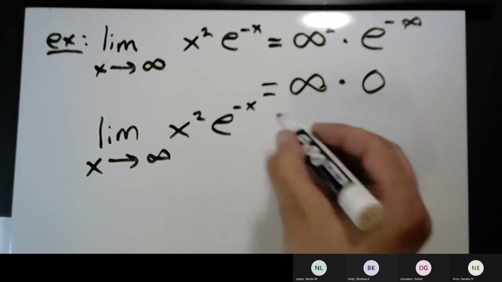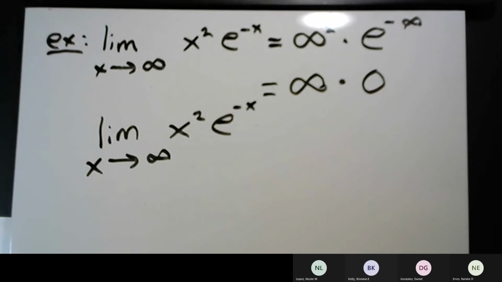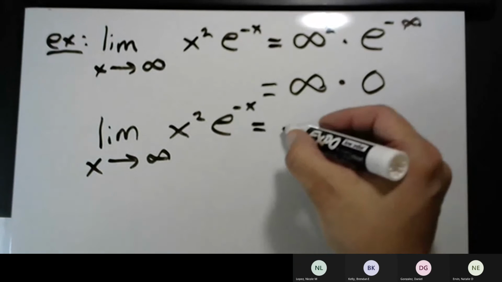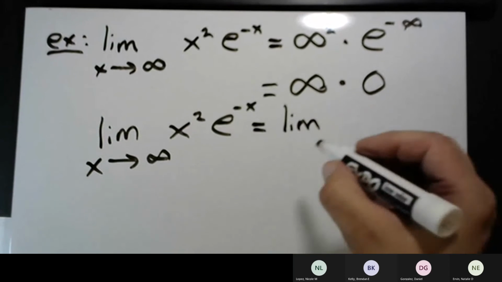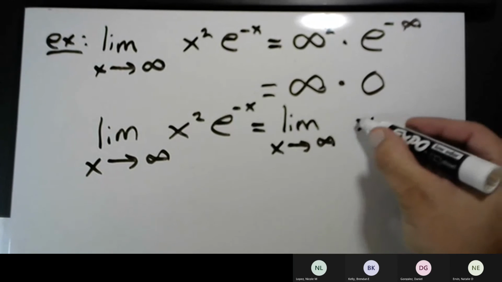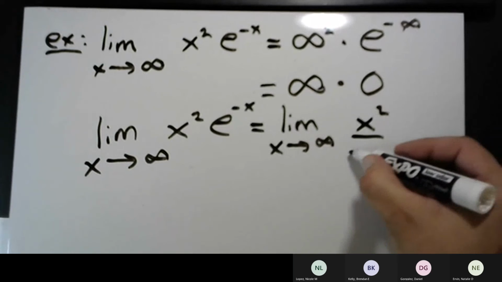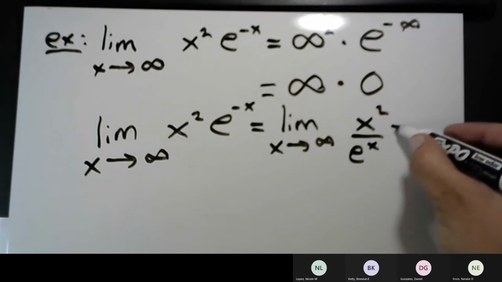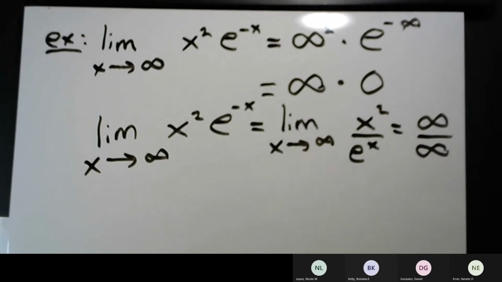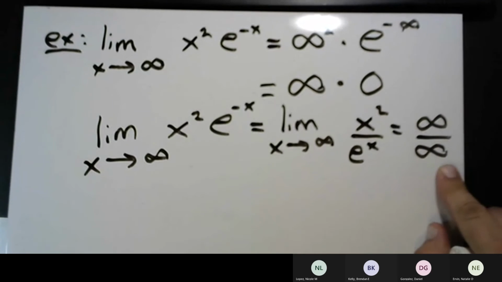So 0 times infinity, or infinity times 0, this is another indeterminate form. And so the trick when you get something like this is to rewrite it. And so now this will become an indeterminate form, infinity over infinity, which means we can use L'Hopital's rule.